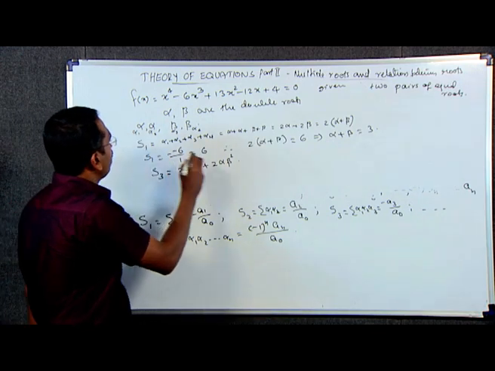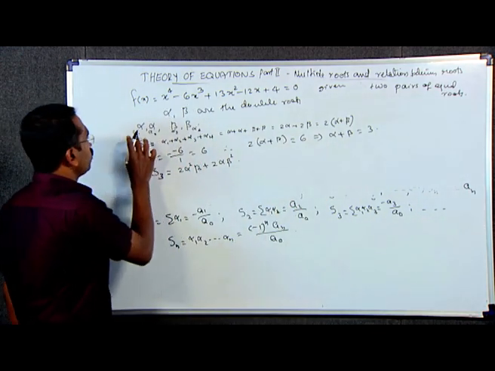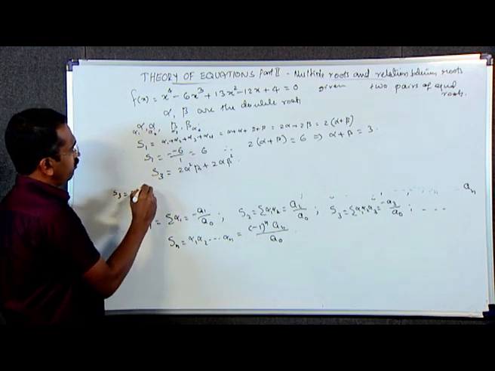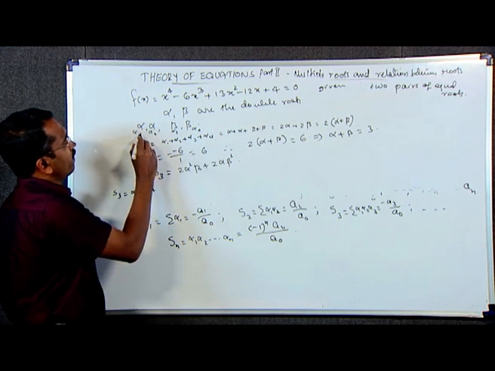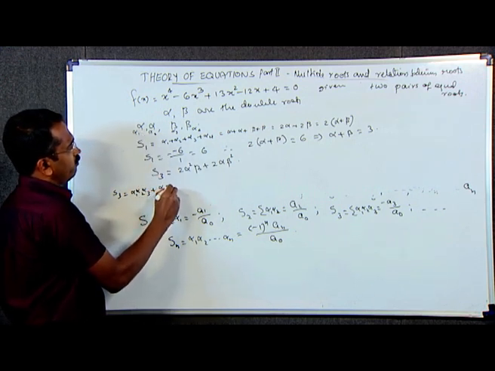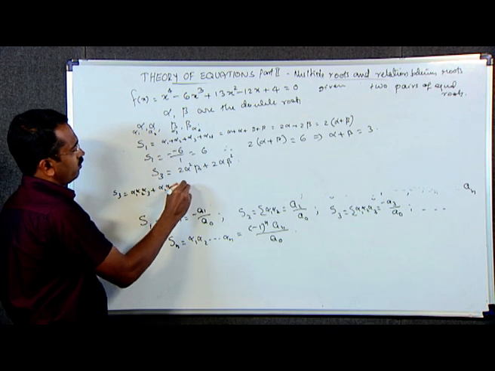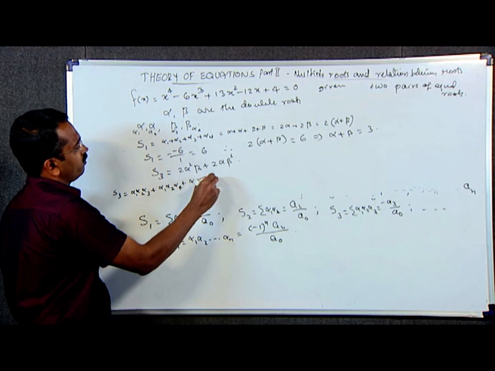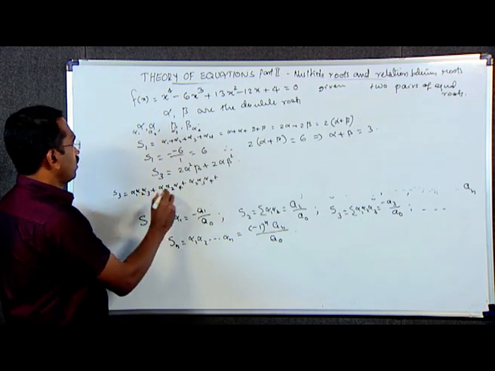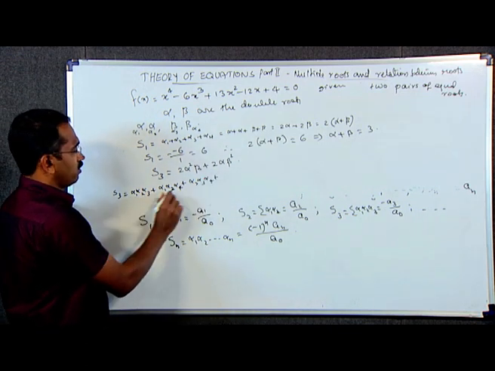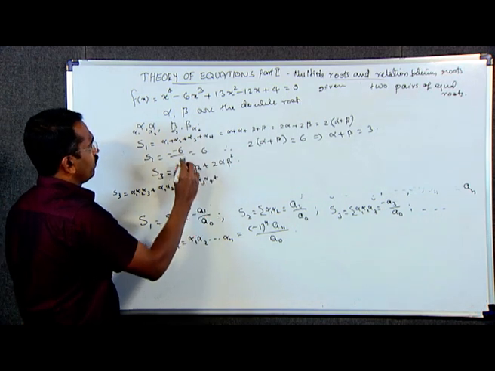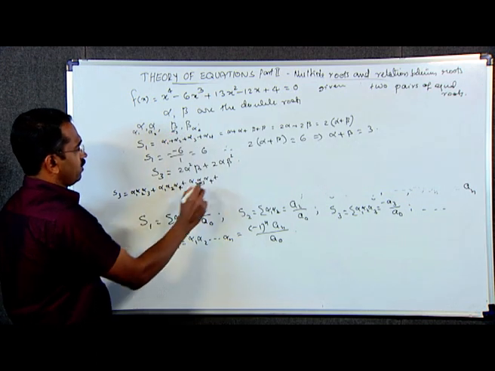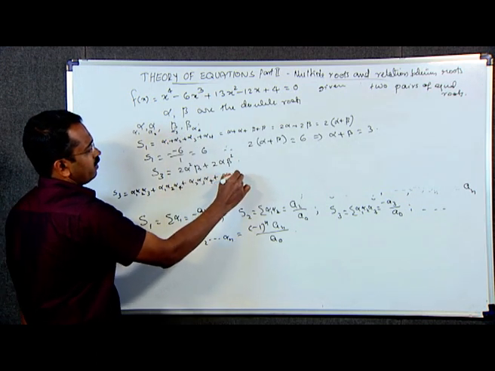That is, from here we can write S3 equal to alpha 1, alpha 2, alpha 3 plus alpha 1, alpha 2, alpha 4 plus alpha 2, alpha 3, alpha 4 plus alpha 3, alpha 4, alpha 1.